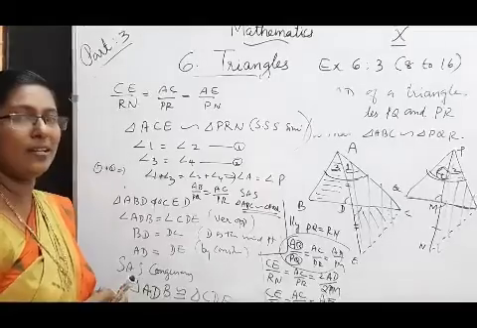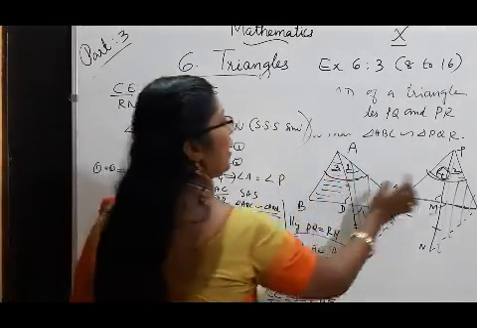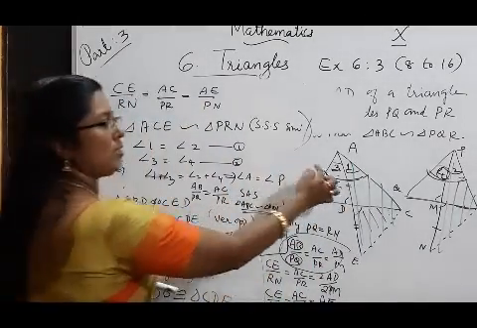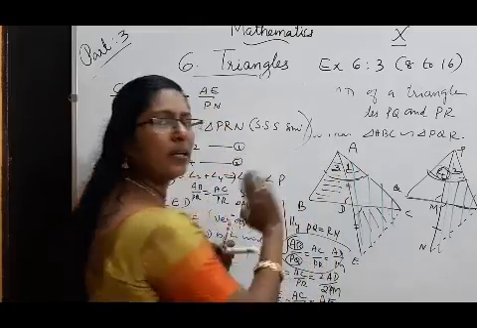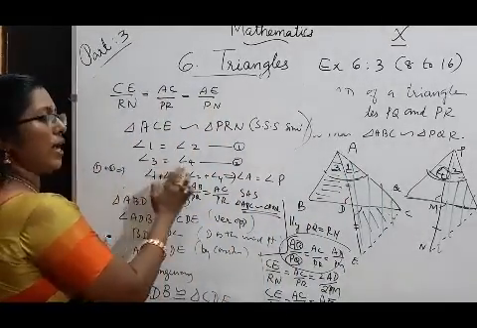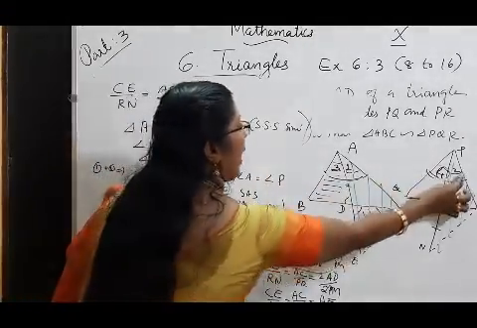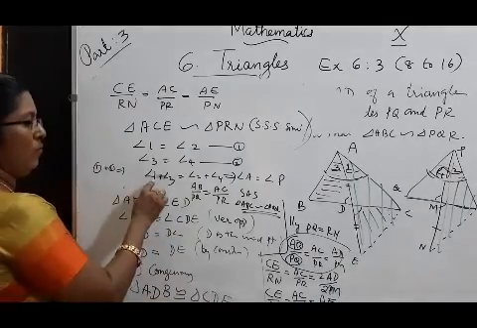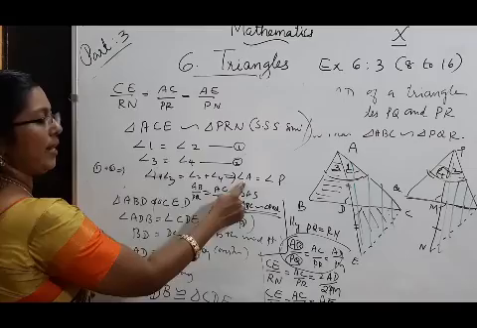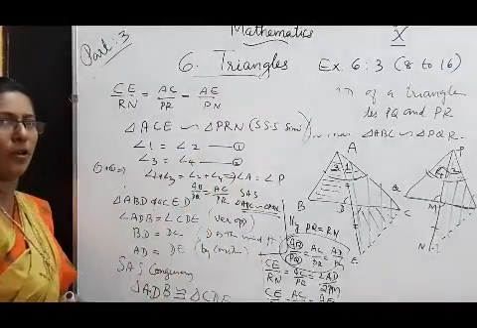If it is similar, the corresponding angles are equal. So you can say angle 1 and angle 2 are equal, and angle 3 and angle 4 are equal. Adding, angle A and angle P are equal: 1 plus 3 equals 2 plus 4. 1 plus 3 is angle A, 2 plus 4 is angle P. These two angles are equal.